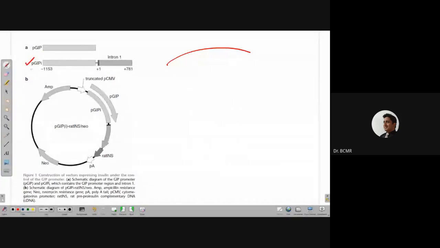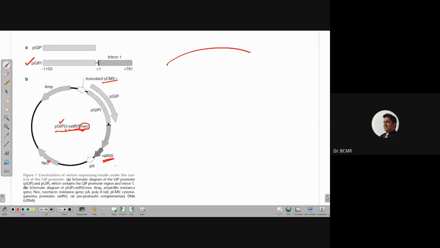They have taken the vector. Here is the vector, which is called GIP. We will discuss rat insulin and neomycin for positive selection, the neomycin resistance gene. This is truncated cytomegalovirus, which is for overexpression of the rat insulin. Okay, here they worked on rats. If I said mouse, that's wrong probably.